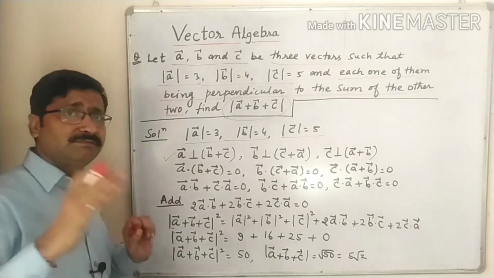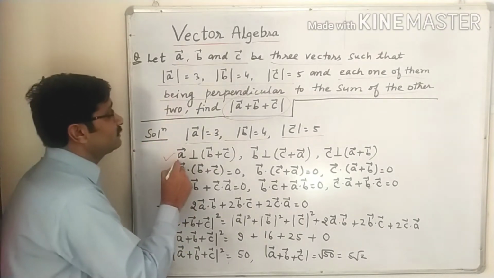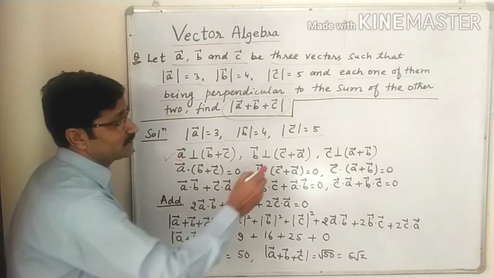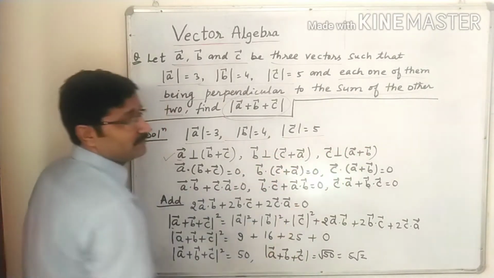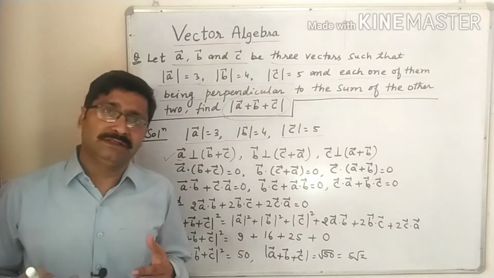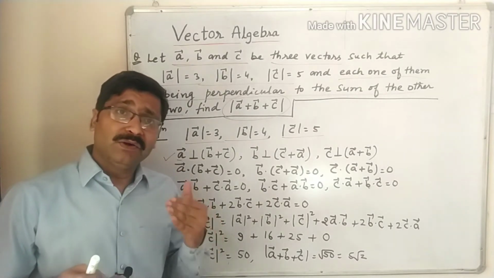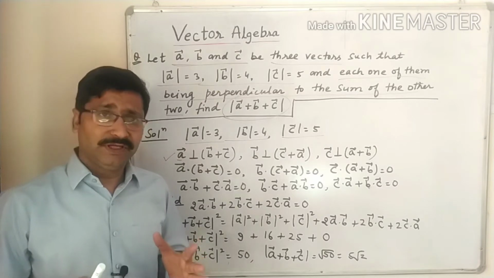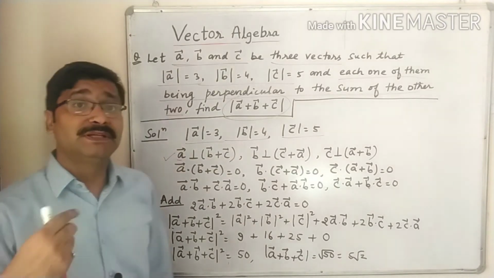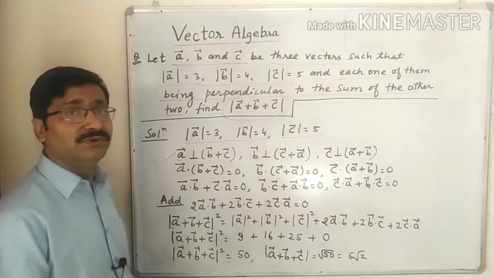One vector is perpendicular to the sum of the other two vectors, meaning A is perpendicular to B plus C, B is perpendicular to C plus A, and C is perpendicular to A plus B. Now we know the rule of perpendicular: if any two vectors are perpendicular, then A dot B equals 0. Here one vector is A and the second vector is B plus C, and these are perpendicular, so you can write A dot (B plus C) equals 0.